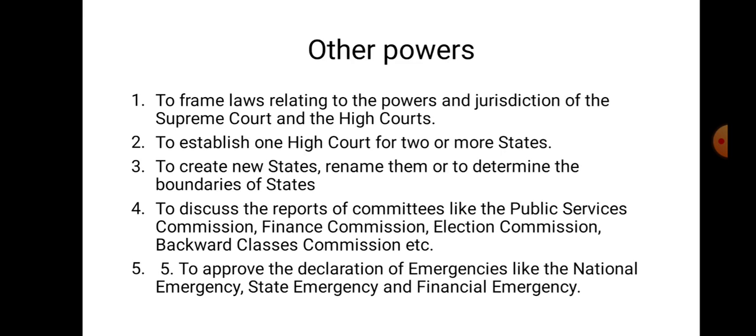Neighboring countries or any other country may declare war on our nation, or if natural calamities occur, then also the Parliament has the power to declare a national emergency. It may be a flood, earthquake, drought, or any natural calamity where the whole country is affected and the whole nation is suffering. Then the national emergency is declared.